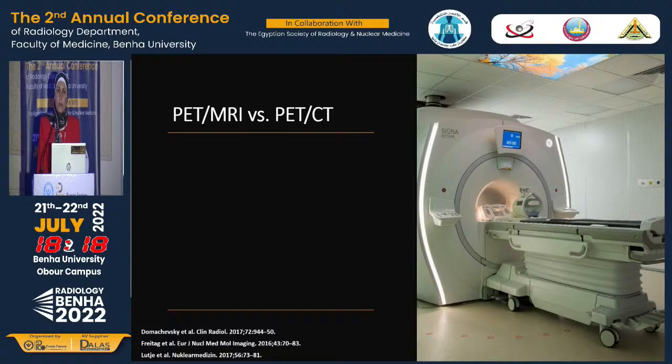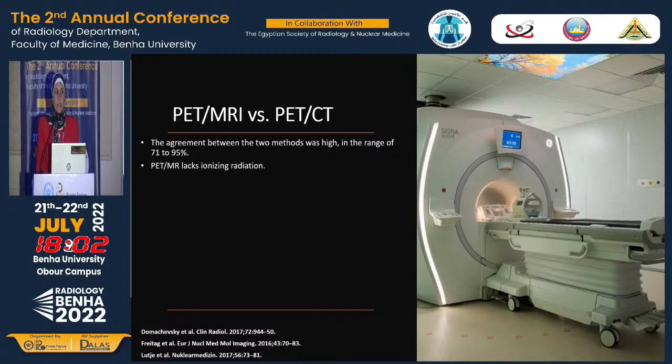Why do we prefer PET MRI compared to PET CT? Because of the nearly approximate agreement between PET MRI and PET CT, PET MRI is preferable in some particular scenarios, especially because it lacks ionizing radiation, so it is very helpful in imaging the pediatric age group, especially in pediatric oncology, to minimize the exposure to ionizing radiation from PET CT.